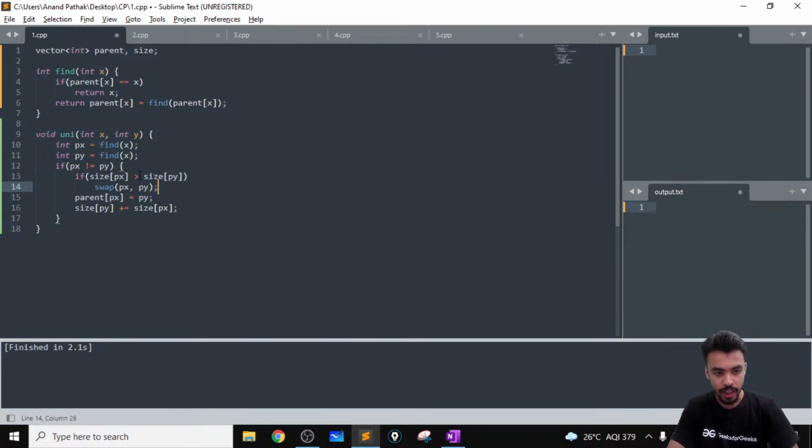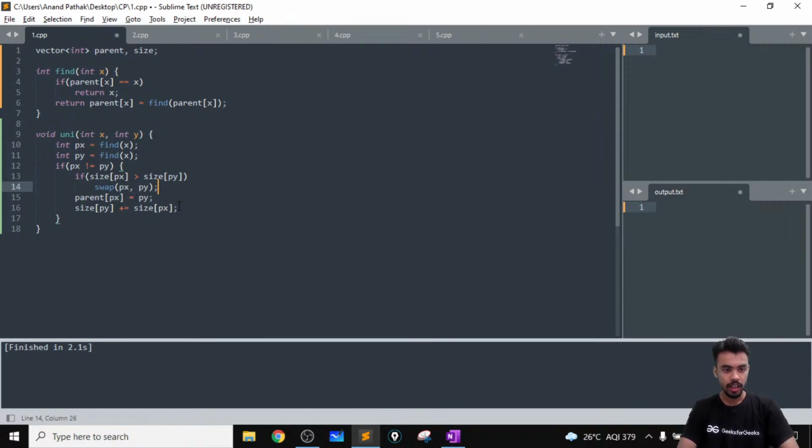Now if size of px is greater than size of py, we are going to swap these two values. So in that case we are ensuring that px is always going to be smaller. If it is the bigger one, then we swap it, and after swapping, the smaller value is going to be present in px. Okay, so now by this we are ensuring that thing.